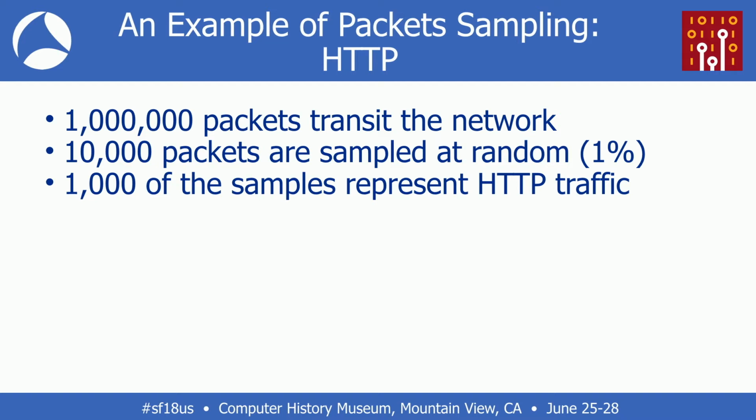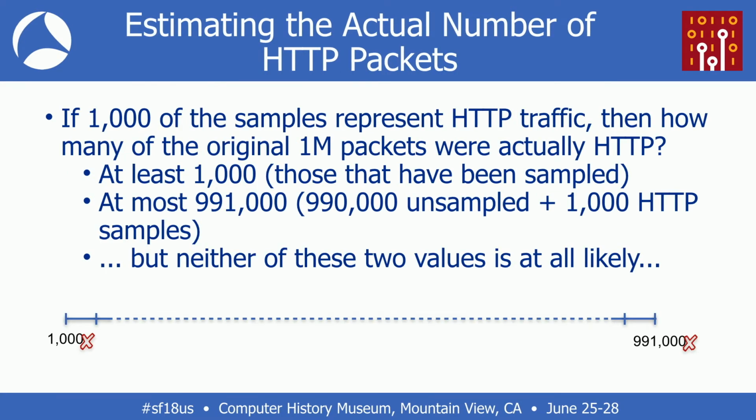The 10,000 packets are the only packets that we can look at. And we see that among those 10,000 packets, we have 1,000 packets that are HTTP. Now, we would like to know the actual number of HTTP packets in the original 1 million packets that traversed the network.